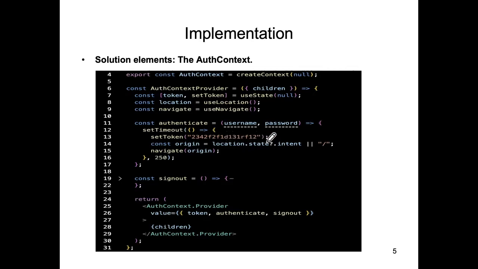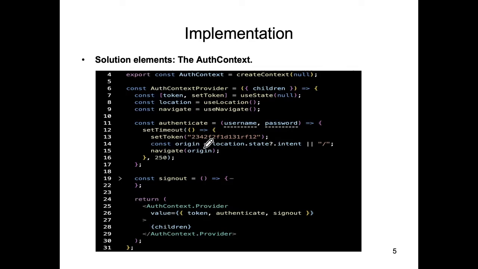Just take it as that for now. I'll explain in a while where this is coming from. So origin is going to contain the URL of either the inbox page or the profile page. So let's say it's going to be /inbox. And then I'm programmatically navigating to that location.